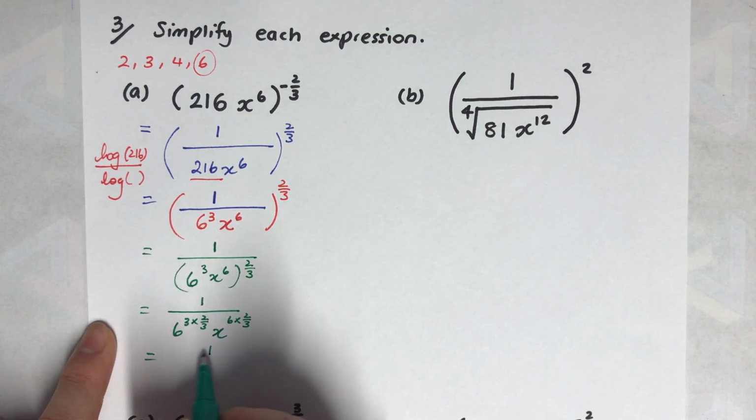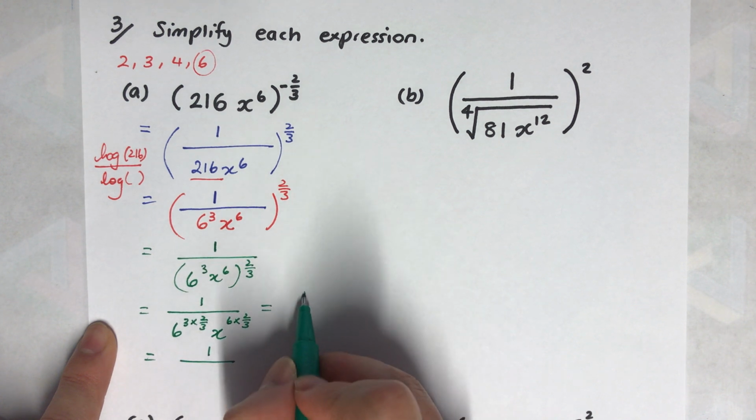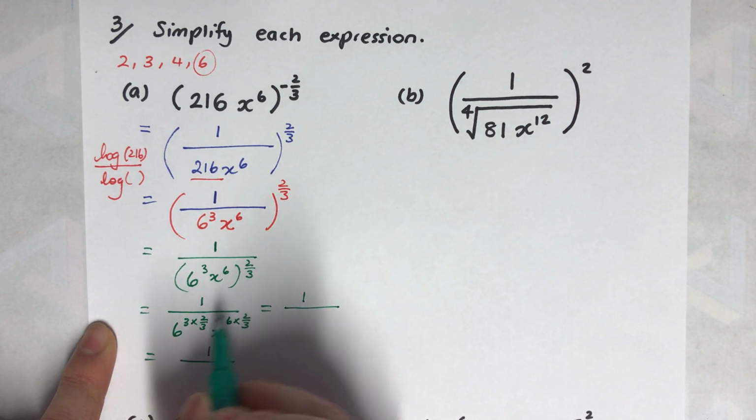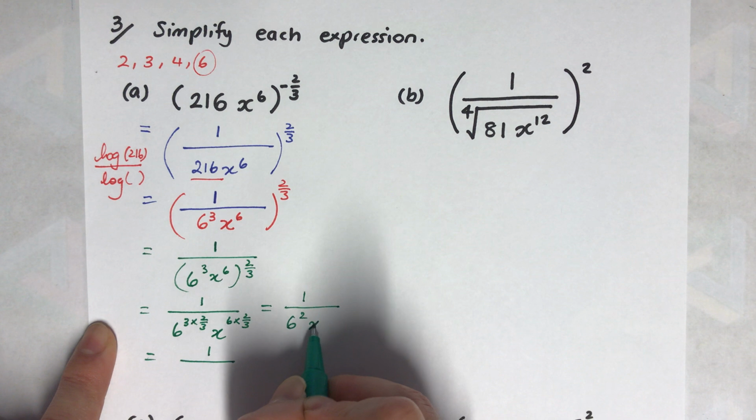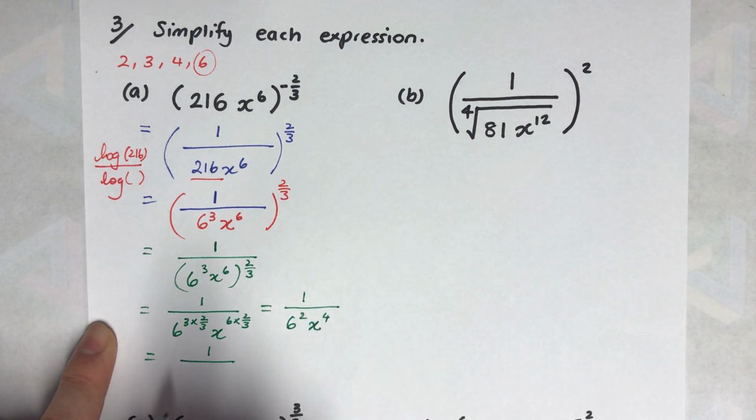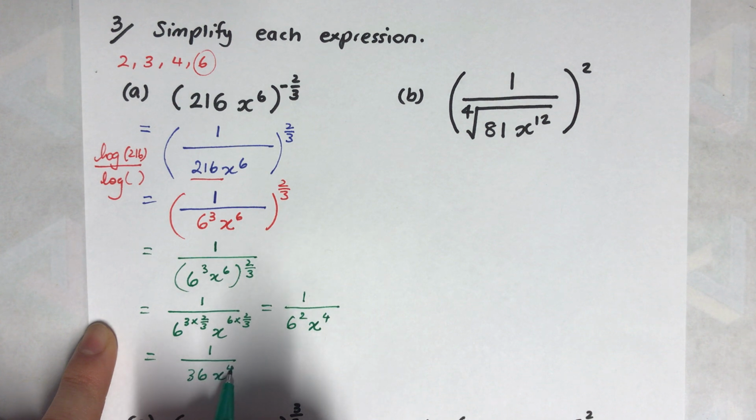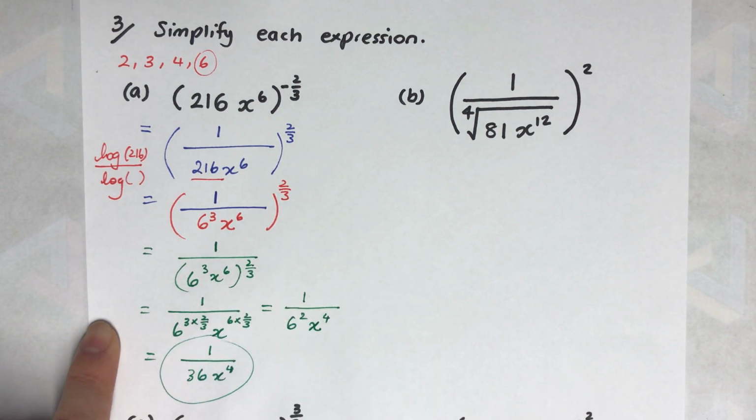And what do I get? I'm going to do it here. So I'll cancel: 6 to the power of 2, x to the power of 4. So my answer will be 6 times 6, 36, x to the power of 4. All right, so that's my answer.